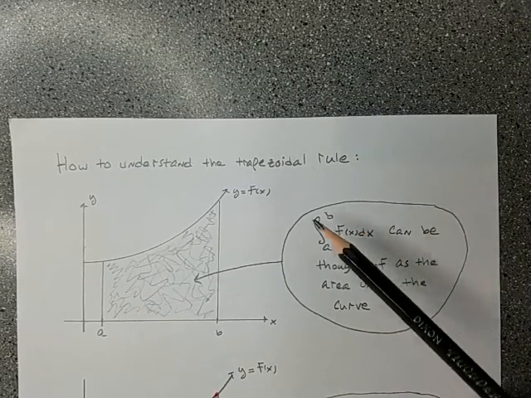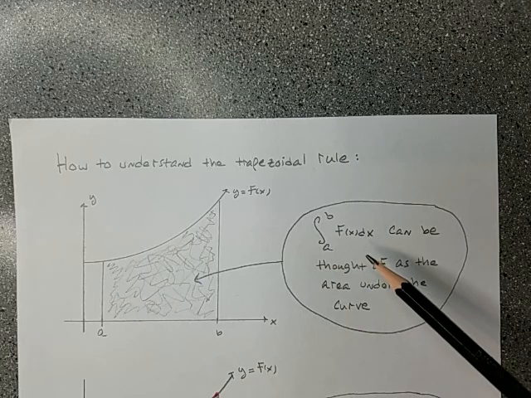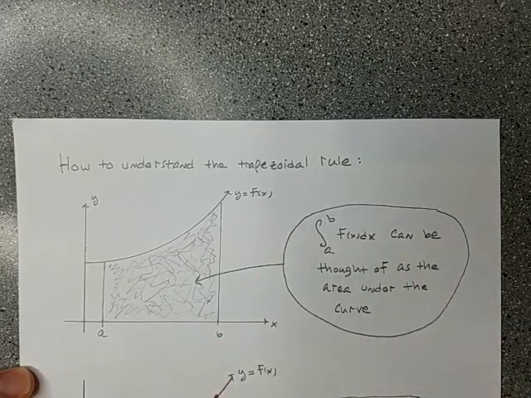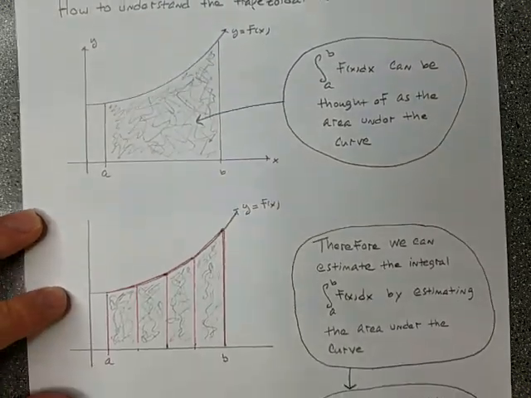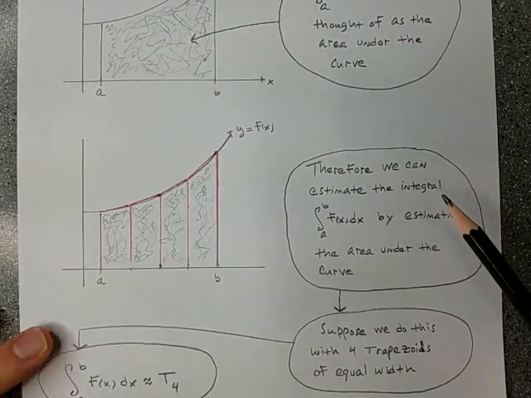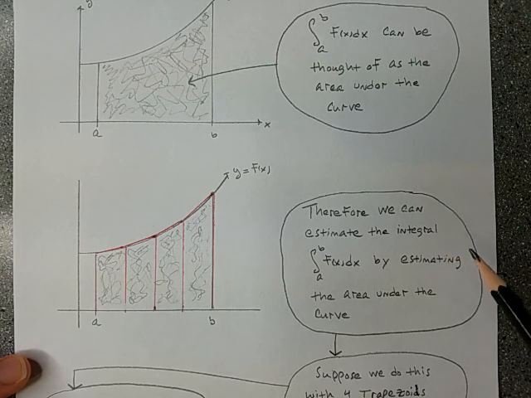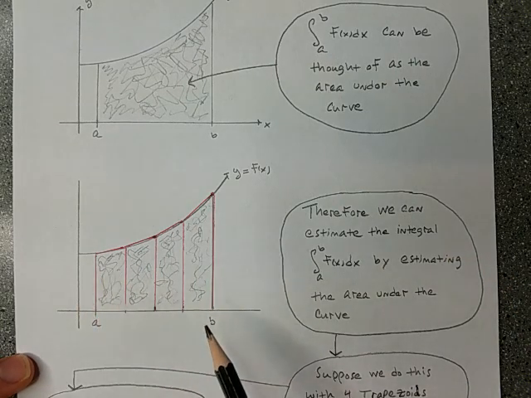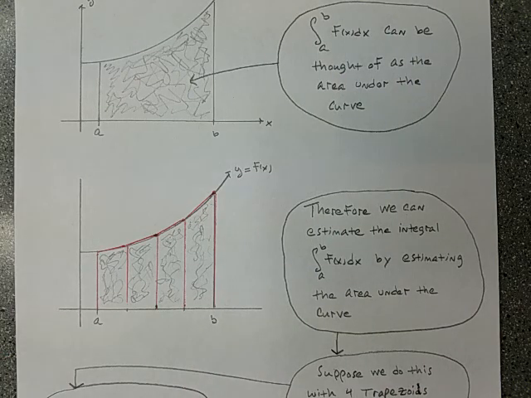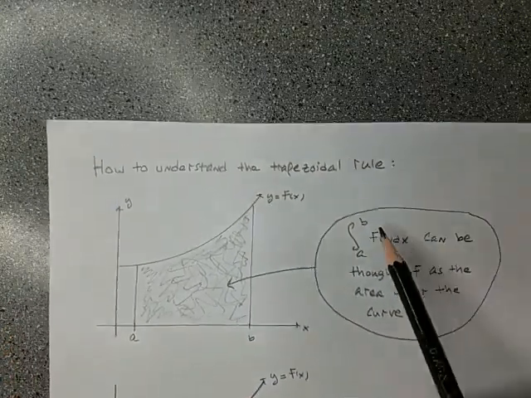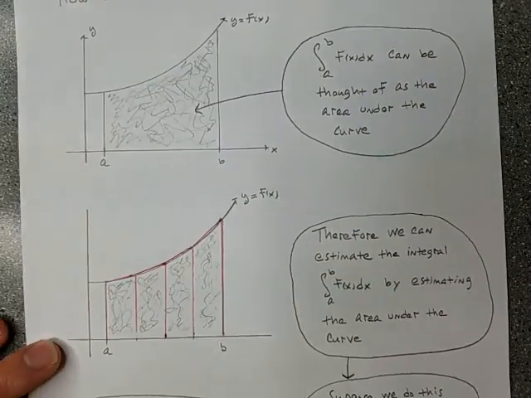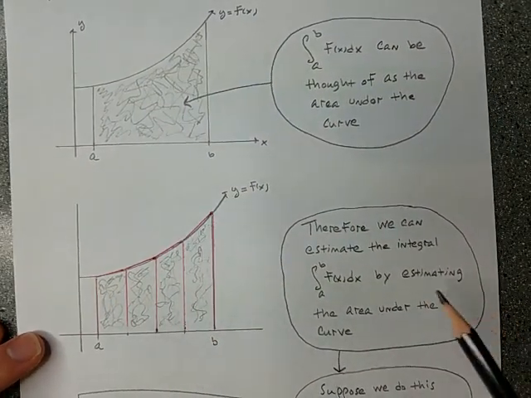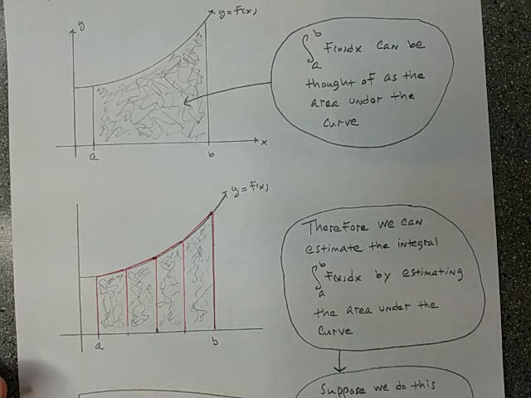If you could calculate this definite integral and get a number, that would be the physical size of this shaded region. Therefore, we can estimate the integral by estimating the area under the curve. Since the integral and the area under the curve are the same thing, if we could estimate the area under the curve, that would serve as an estimation to the integral.